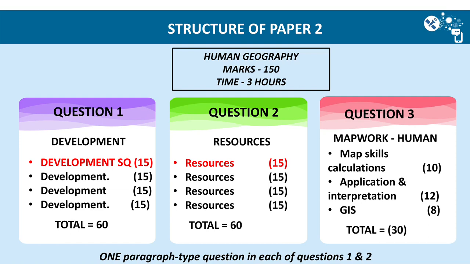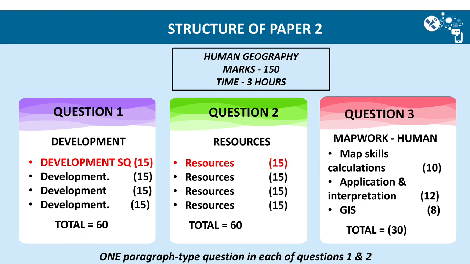In question 2, you will be tested on the topic resources. And once again, 15 marks worth of short questions covering resources, and 3 source-based questions on various subtopics in the resources section, once again giving me a total of 60 marks.